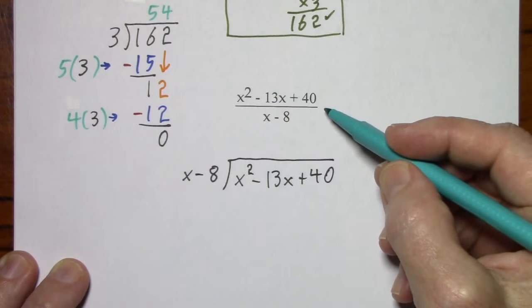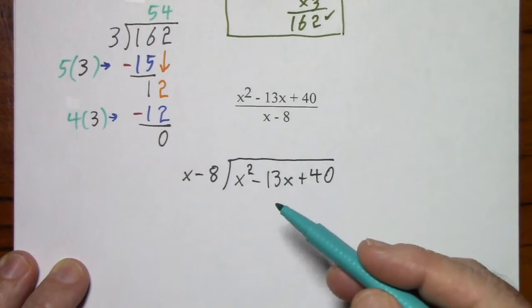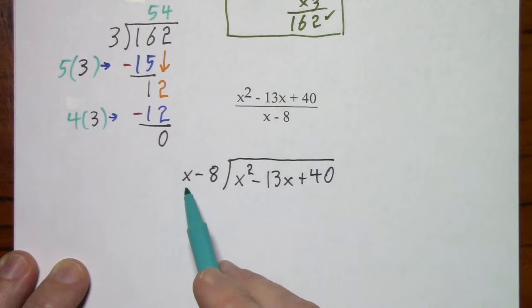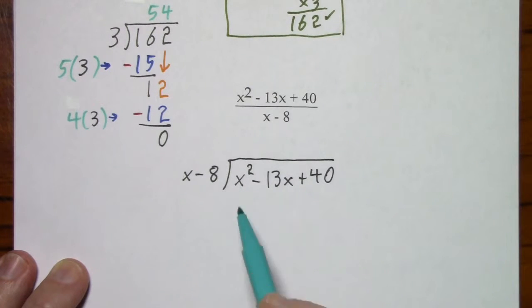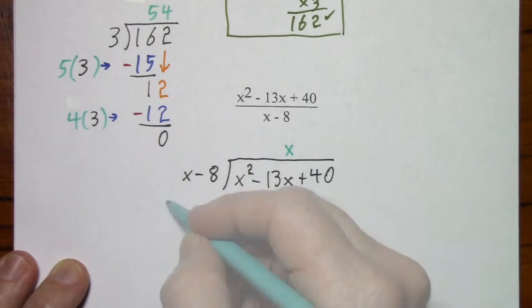So to do this calculation, again, we're going to follow this pattern, but it is going to look a little bit different. You focus on the first term. X goes into x squared x times.